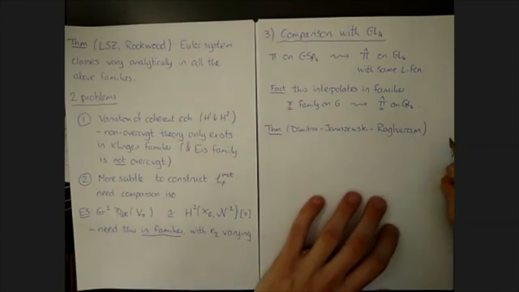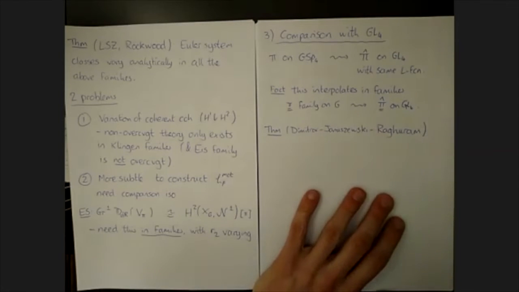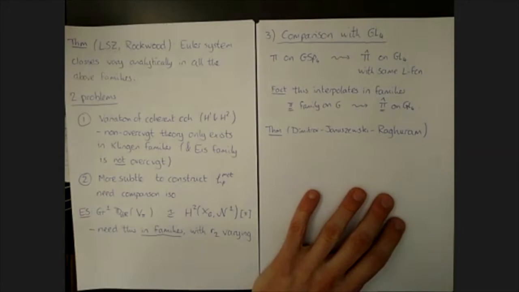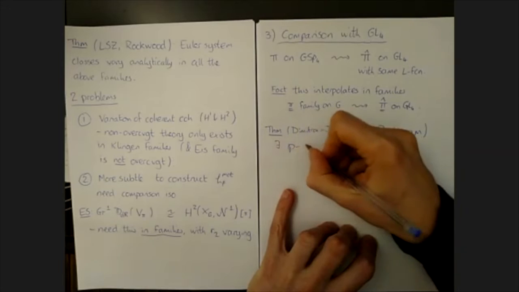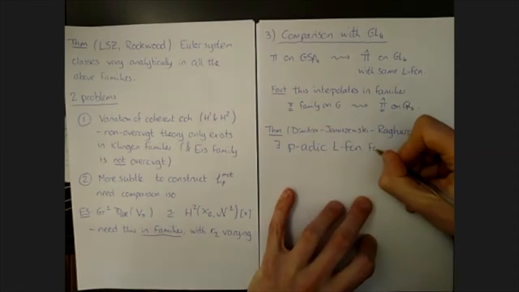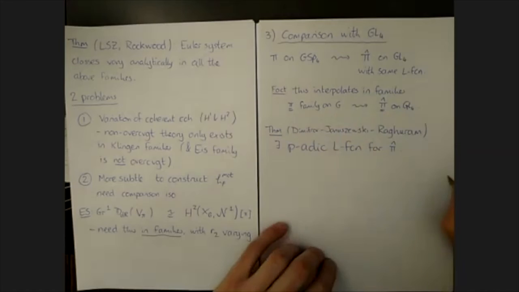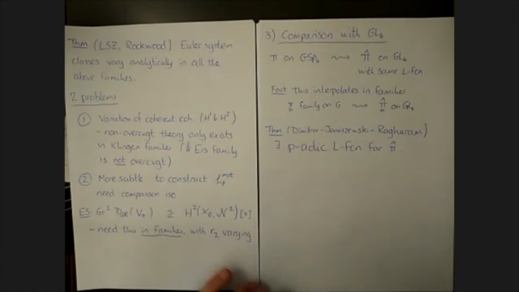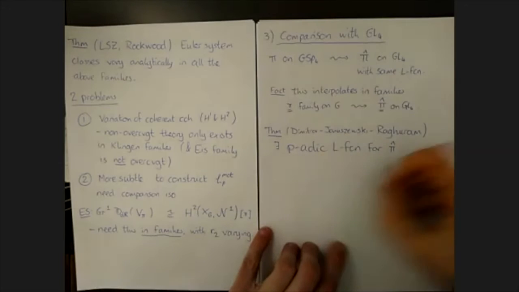So the first theorem is due to Mladen with his co-authors, with Fabian Januszewski and with Anupam Raghuram. They proved that there is a p-adic L function for pi hat. So in effect, this shows that when we constructed p-adic L functions for pi, we were reconstructing a known object because it's interpolating the same thing. So in fact, it's the same p-adic L function up to scale.